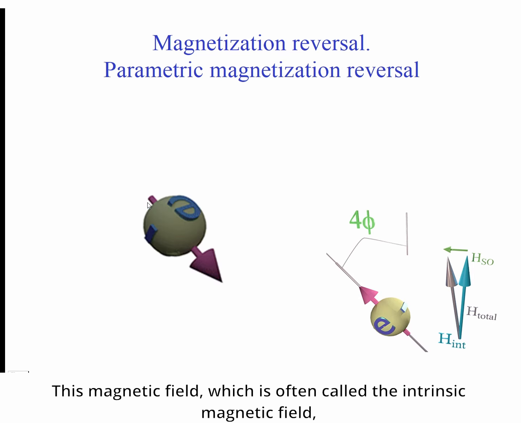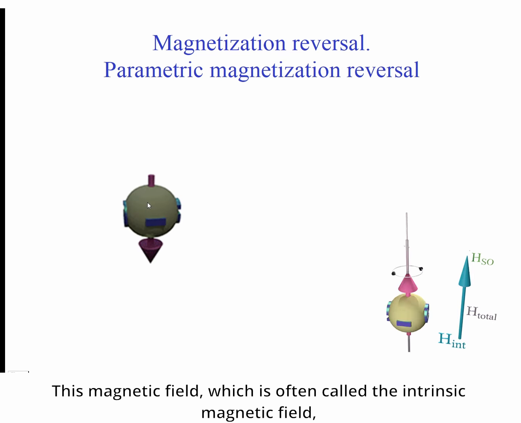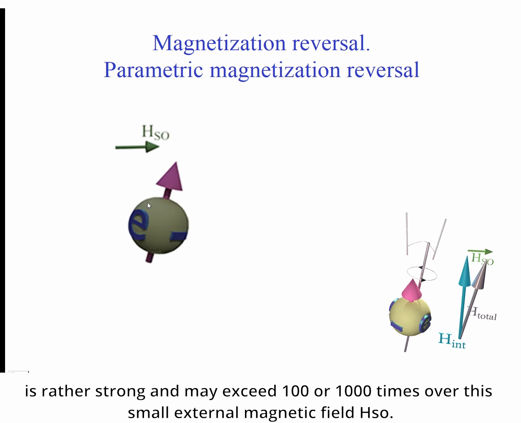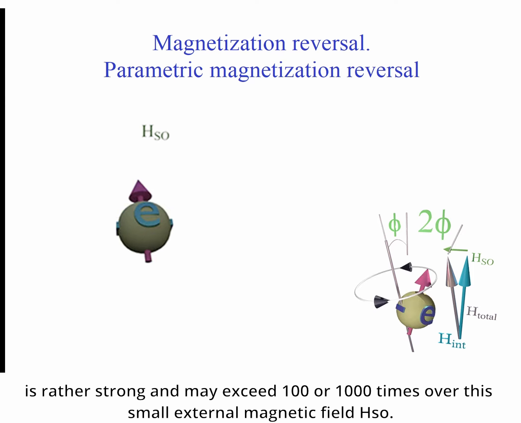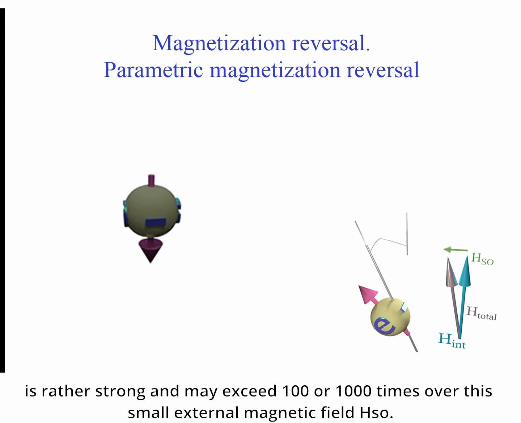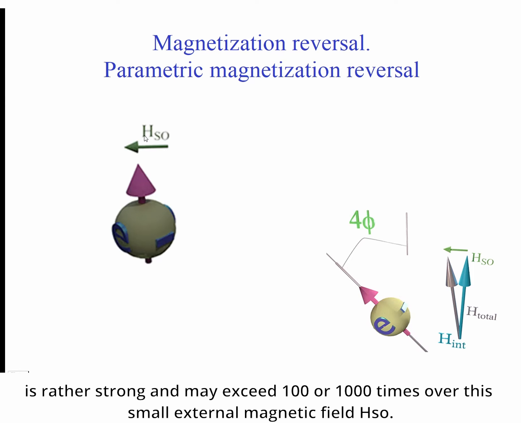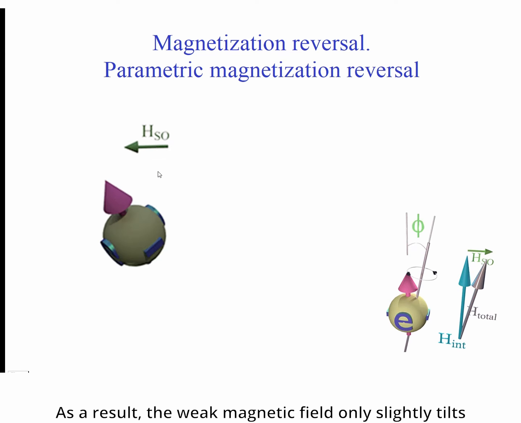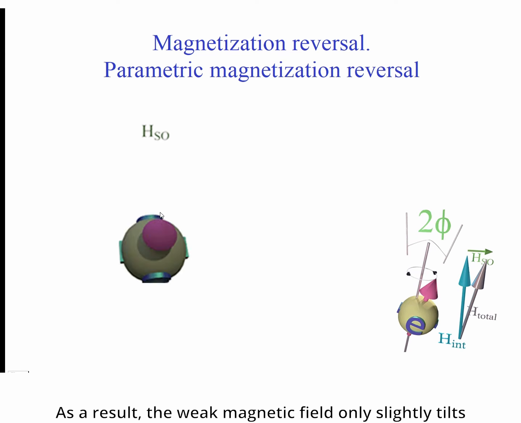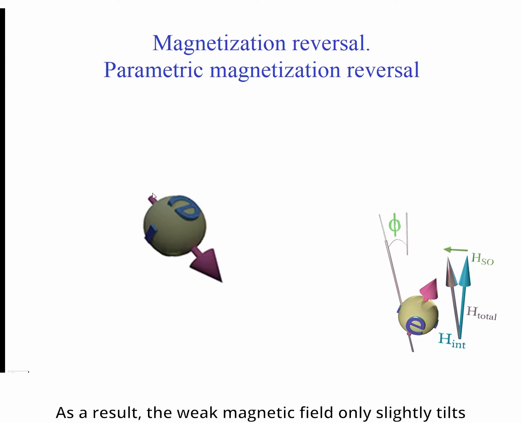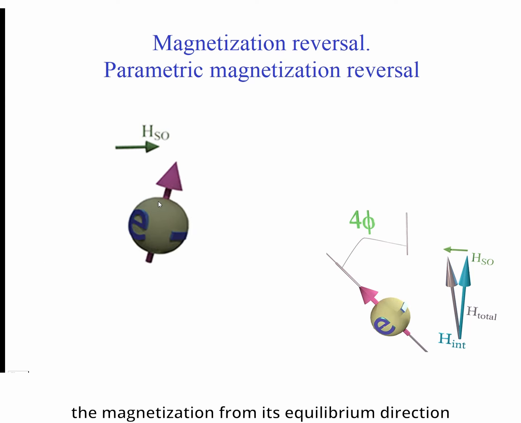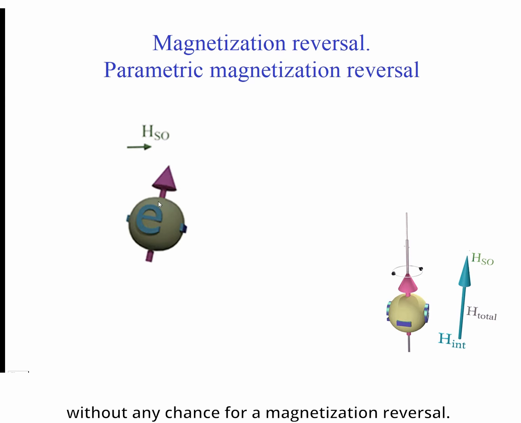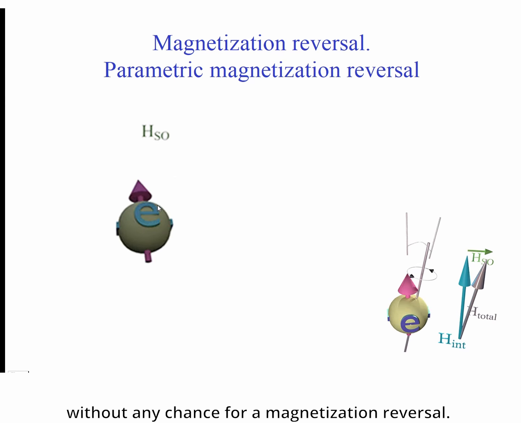This magnetic field, which is often called the intrinsic magnetic field, is rather strong and may exceed the small external magnetic field Ha by 100 or 1,000 times. As a result, the weak magnetic field only slightly tilts the magnetization from its equilibrium direction, without any chance for magnetization reversal.